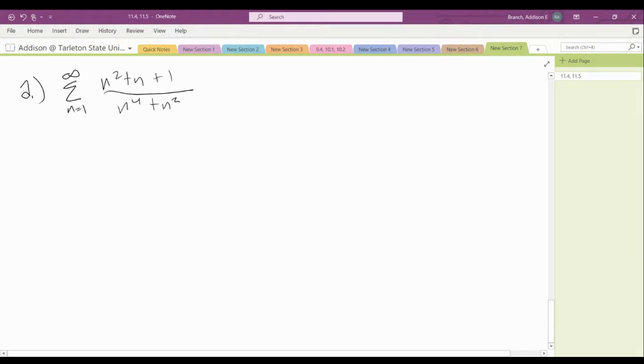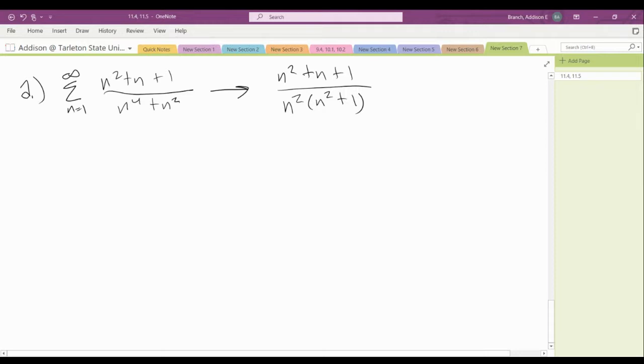If we have some polynomials in here, maybe it wouldn't be a bad idea to first try to factor it. Our numerator does not factor. However, our denominator does. We can pull out an n squared to leave us with n squared times n squared plus 1. The thing is, though, that doesn't really help us if we can't cancel anything out.